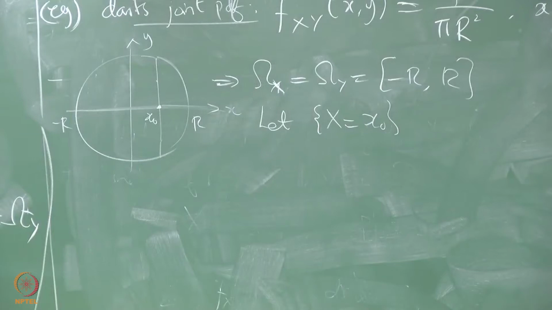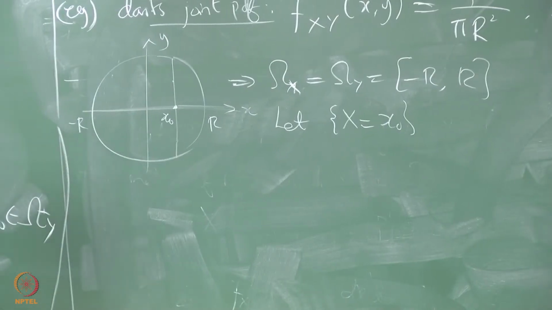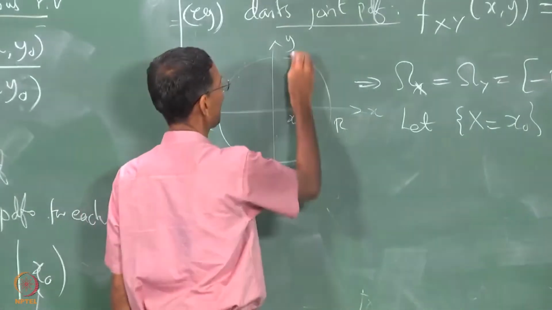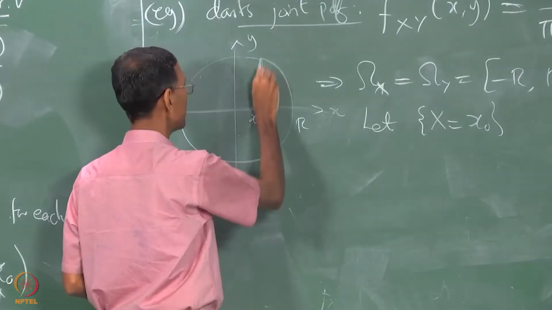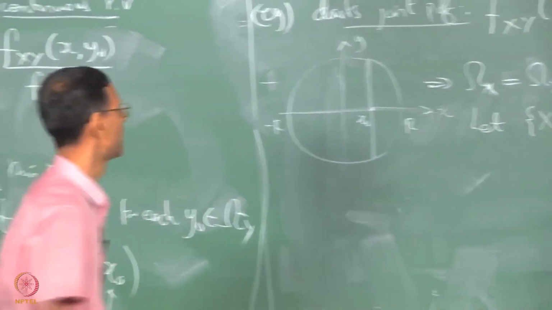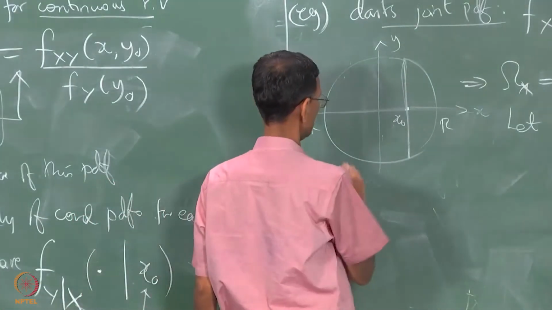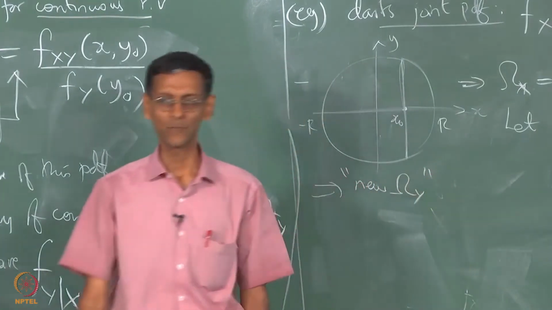So what is the new omega y now? Clearly it is not the same as the old one. If you say that the dart landed with the x coordinate equal to x naught, that means that your y can only vary like this, which is the new omega y. Since this is my notation or my terminology, I am putting it within quotes.